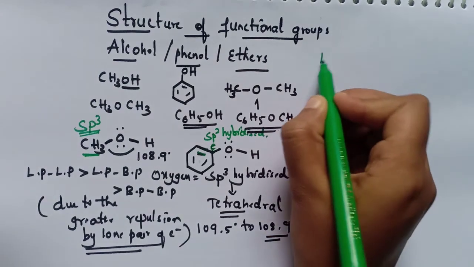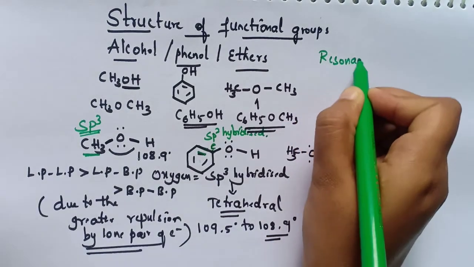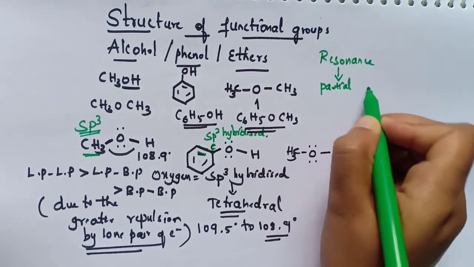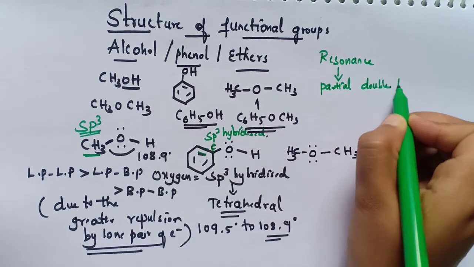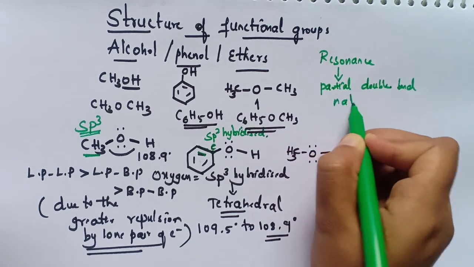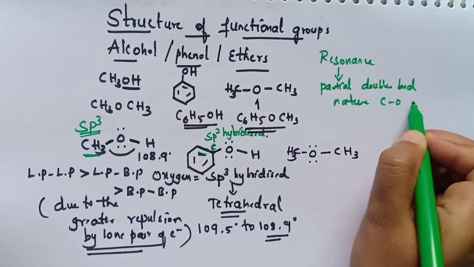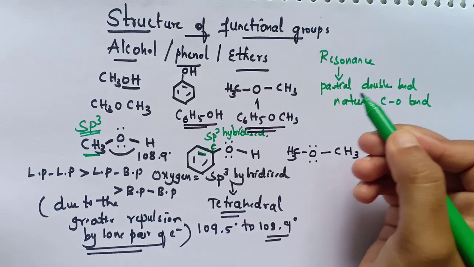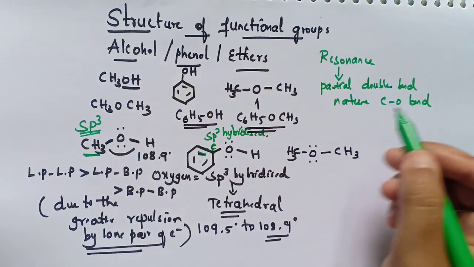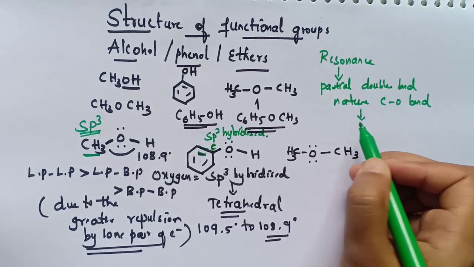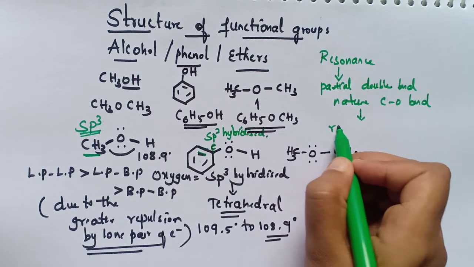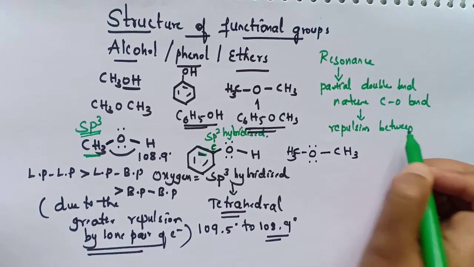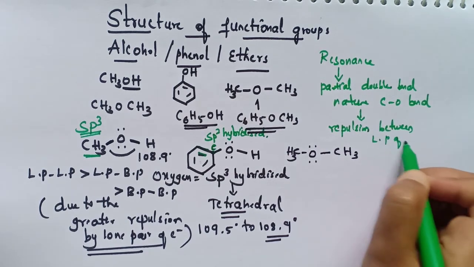Why? Because due to resonance, it will result in the partial double bond nature for the carbon-oxygen bond. By the partial double bond nature of the carbon-oxygen bond, it will decrease the repulsion between the lone pairs of electrons.